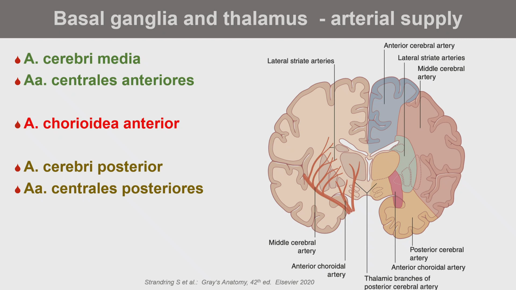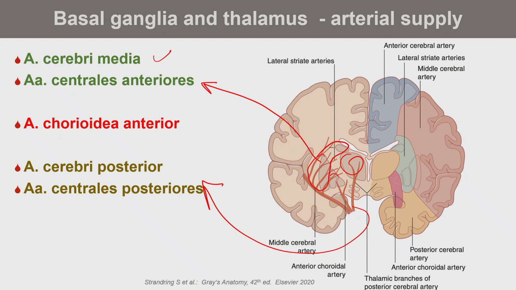Important is also the blood supply, arterial supply, and this arterial supply also signifies the different development of those. Important is that the thalamus is typically supplied by the posterior artery, the vertebral or vertebrobasilar system. The real neostriatum is supplied by central anterior arteries, which are part of arteria cerebri media.